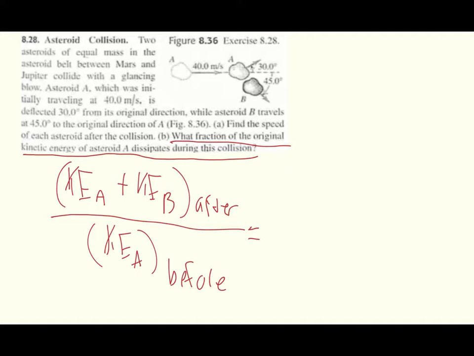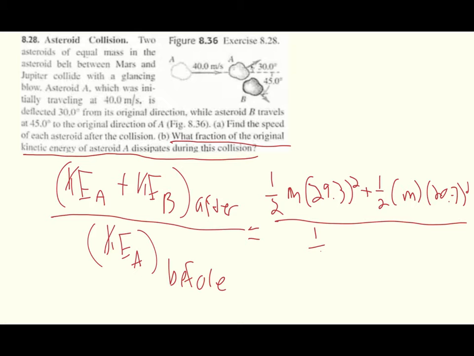So it's 1/2 m times 29.3 squared plus 1/2 m times 20.7 squared, all divided by 1/2 m times 40 squared, the original velocity squared.